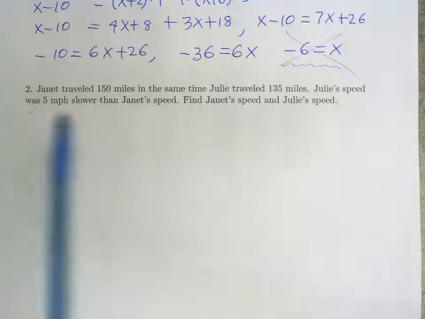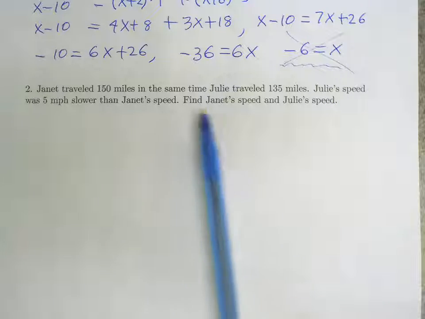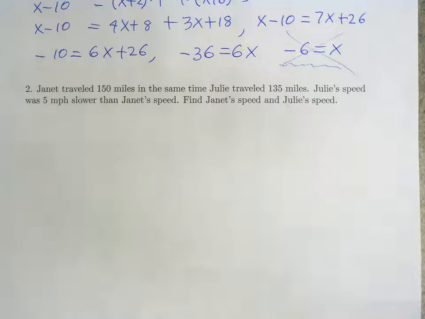Julie's speed was 5 miles per hour slower than Janet's speed. Find Janet's speed and Julie's speed. The numbers are small enough that you can figure out what the answers are without knowing how to set up a couple of equations. But the whole purpose of this is to see if you know how to set up the appropriate equations.